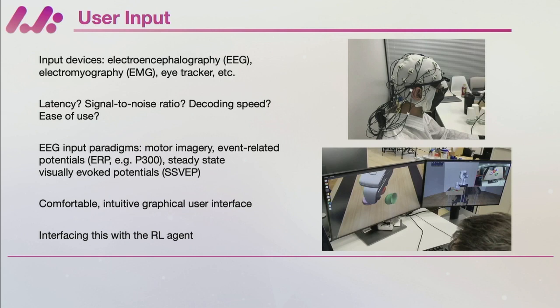We have to consider different problems: latency, signal to noise ratio, how easy it is to use. We really need to think about the interface that a person uses. Outside of the lab, we want to make something practical. There are many paradigms and ways to get the information from these different input devices that we have to consider. We also need to be able to interface this with an intelligent RL agent that can perform actions.